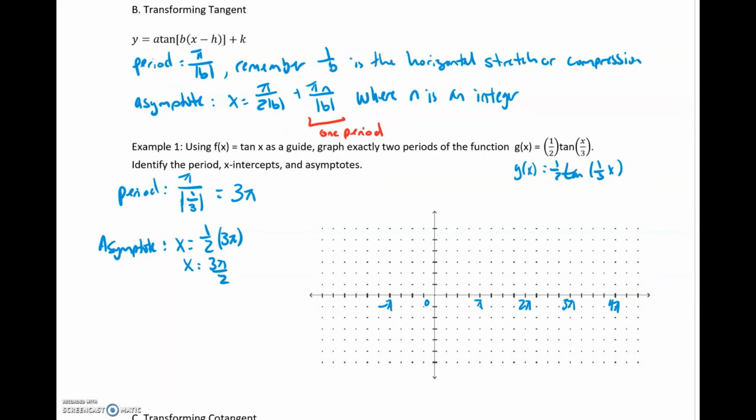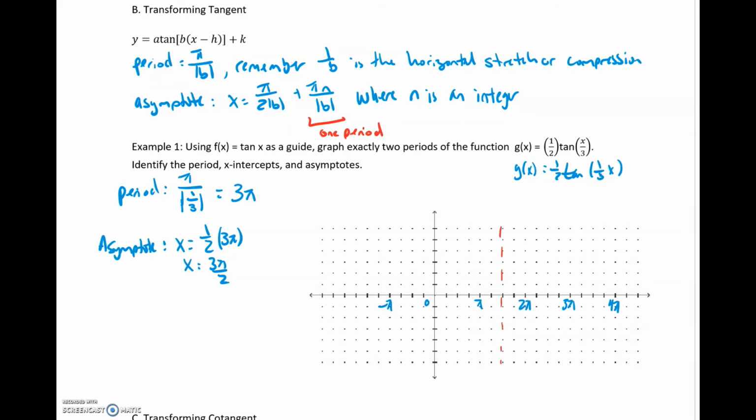I should also mention, if you want to figure out your x-intercepts first before doing your scale, you can totally do that. I spread it nice and wide because I only need 2 full periods and I have a lot of space. So you can say I went by pi over 4. If my first asymptote is at x equals 3 pi over 2, that's 1.5 pi. So that's going to be right here, right? And then I want to go through an entire 3 pi.